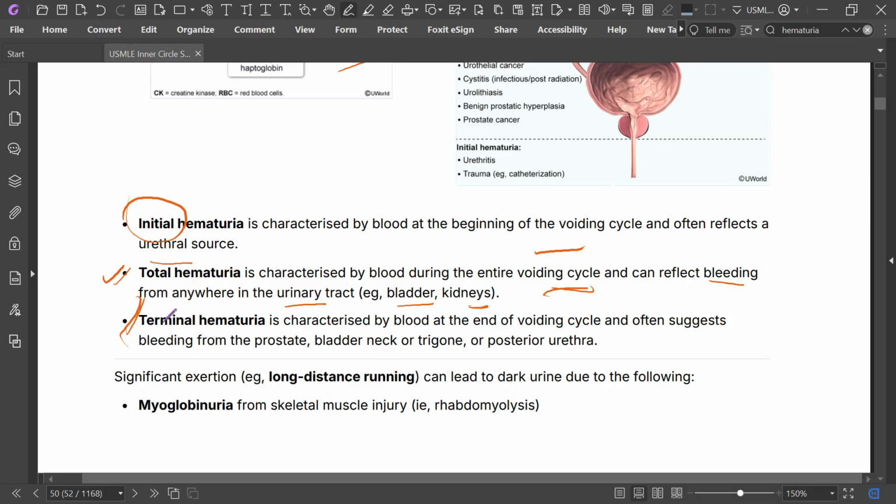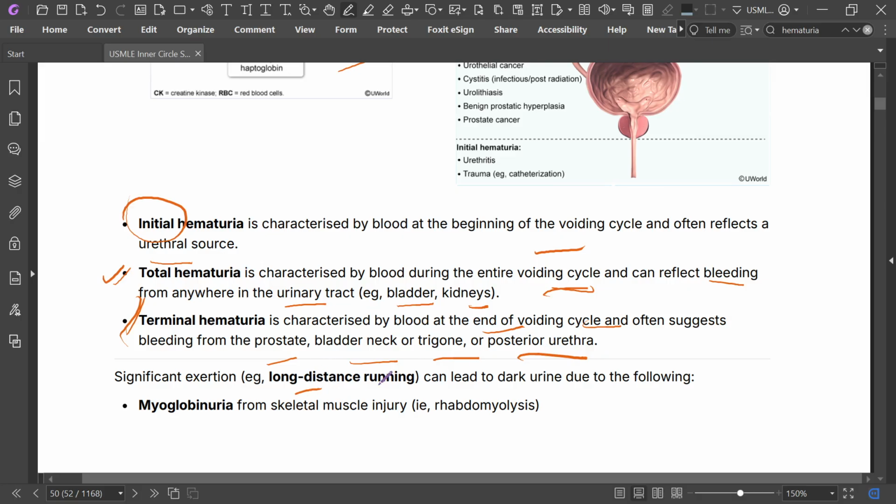Terminal is at the end of the voiding cycle, and often suggests bleeding from the prostate, bladder neck, trigone, or posterior urethra. So initial is urethral, terminal is trigone, prostate, posterior urethra, and bladder neck.